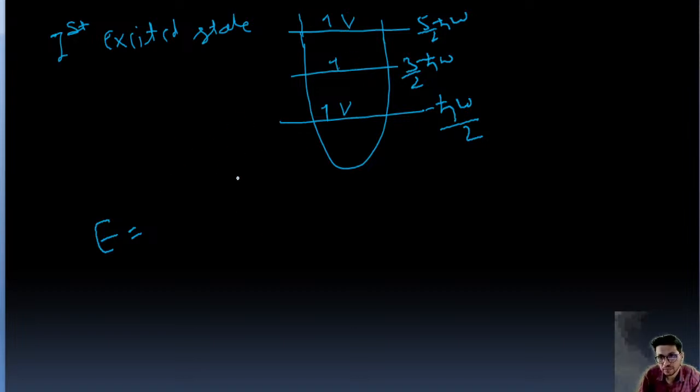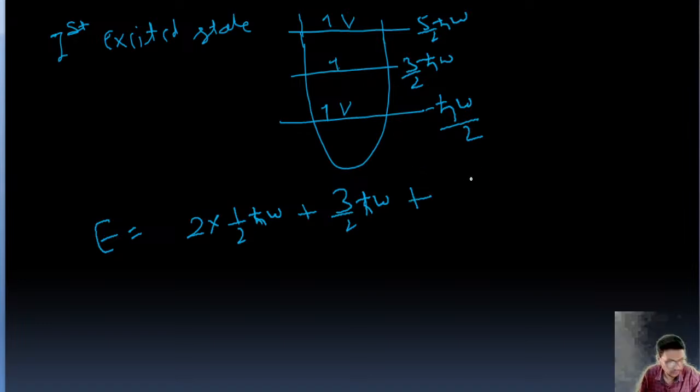So this is going to be 2 into half, first excited energy, 2 into half h cut omega plus 3 by 2 h cut omega, right? Plus this is going to be 2 into 5 by 2 h cut omega. 2 will get cancelled and this 2 will get cancelled.